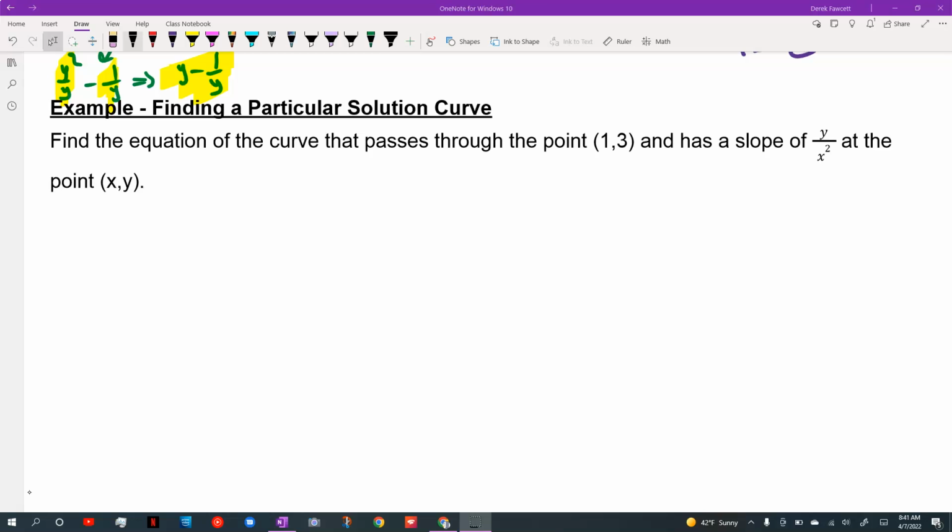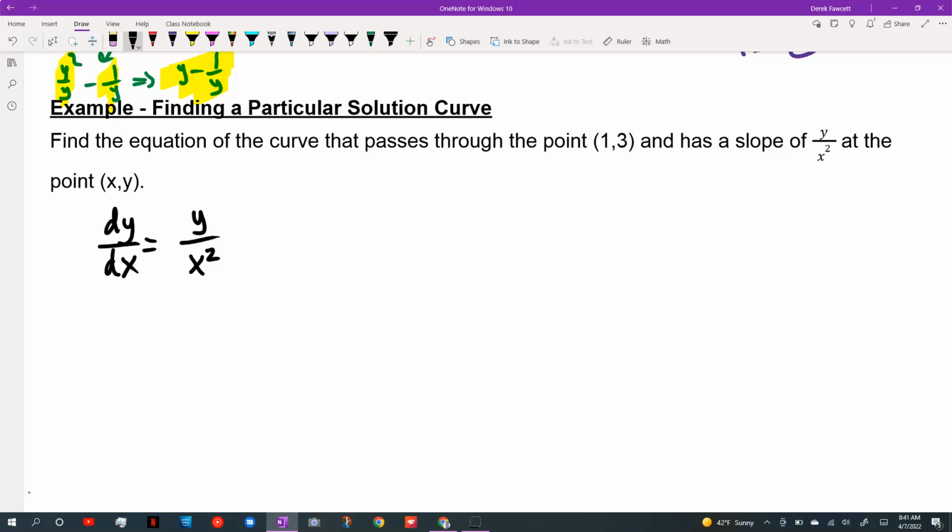So we know that this is our differential equation. There we go. So dy/dx equals y over x squared. We're going to do separation of variables.